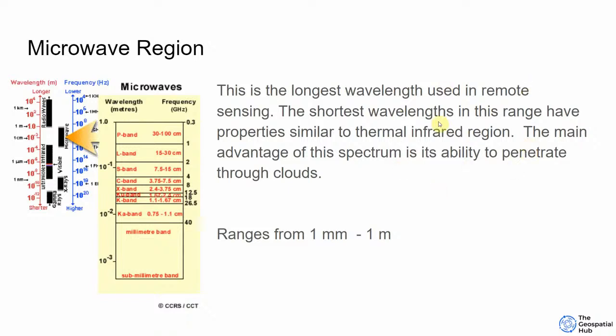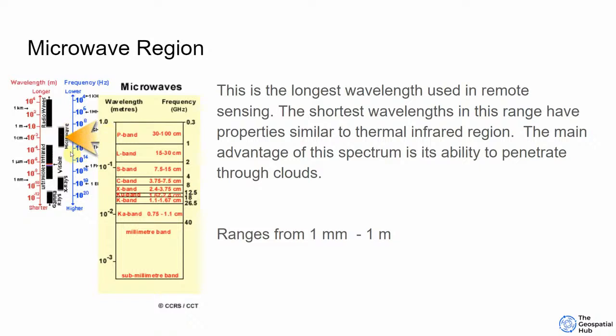This is just trying to show the microwave portion of the electromagnetic spectrum. This is the longest wavelength used in remote sensing. The shortest wavelengths in this range have properties similar to the thermal infrared, because the wavelengths here are shorter compared to what are here.